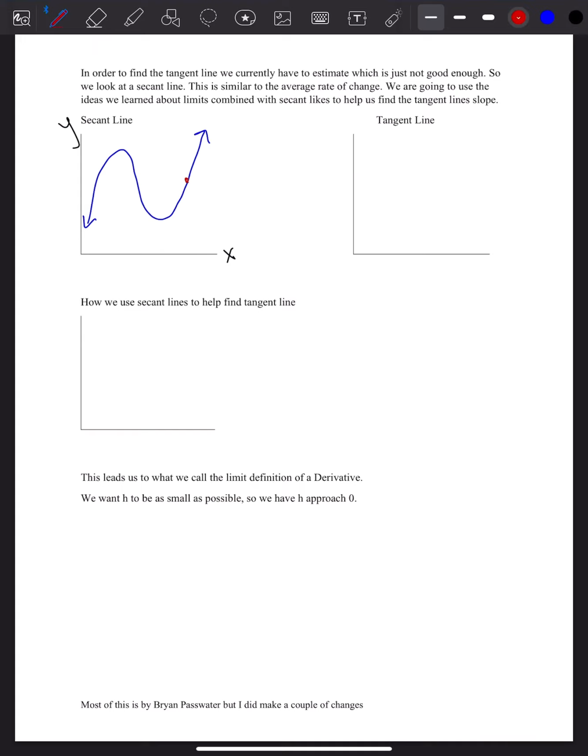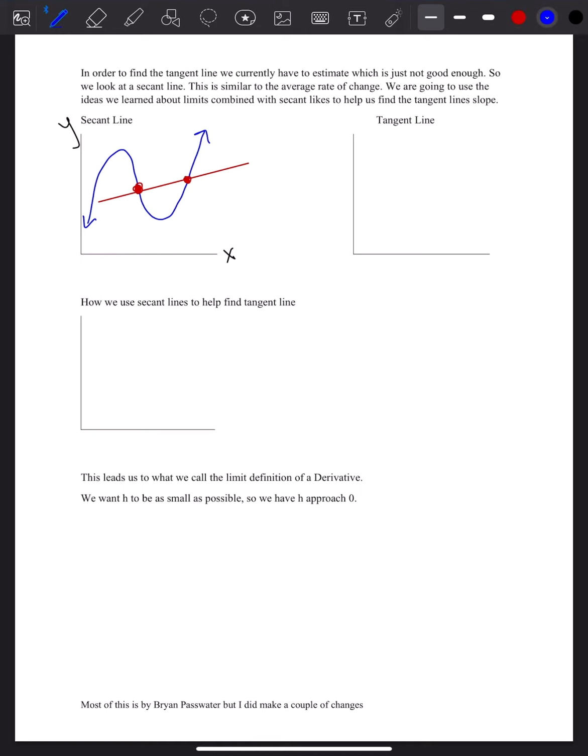Say I wanted to find the slope between these two points, which could be our average rate of change. As long as the line goes through both points, then we are good to go. So a secant line is always that line between two or more points on our graph.